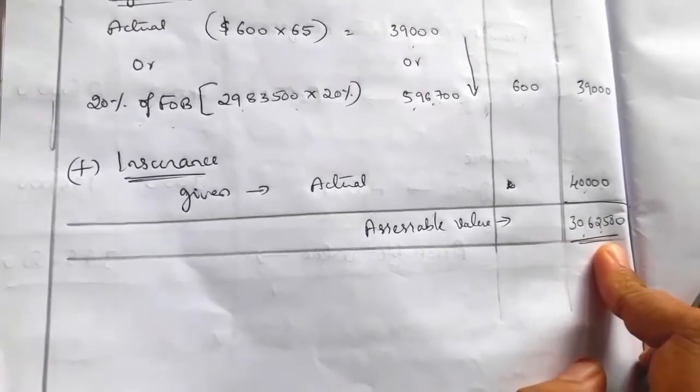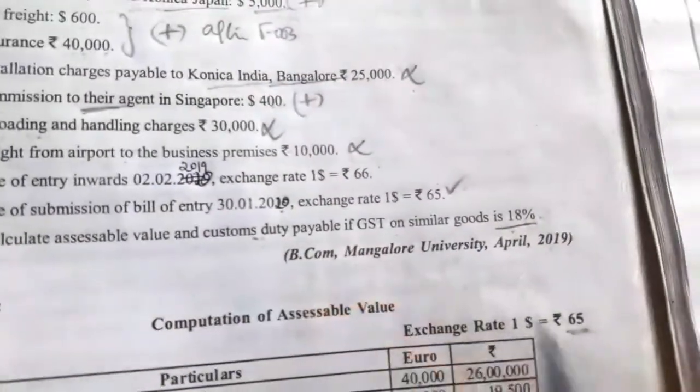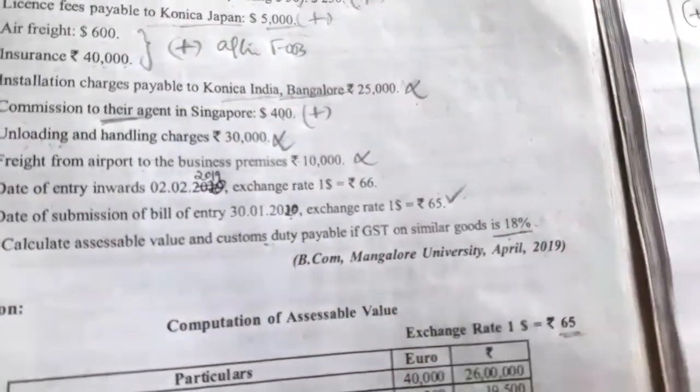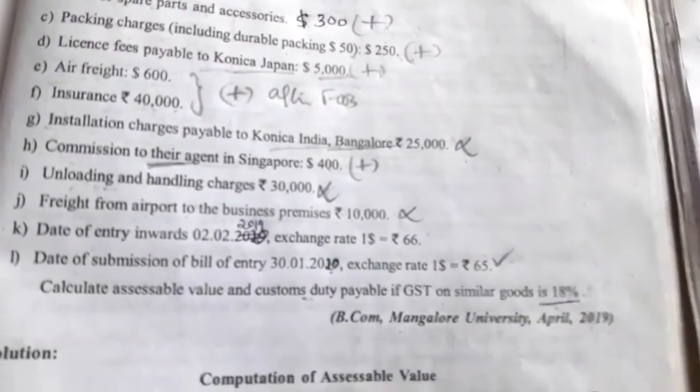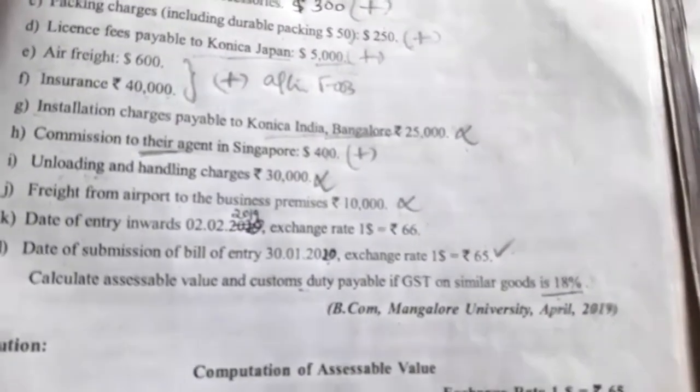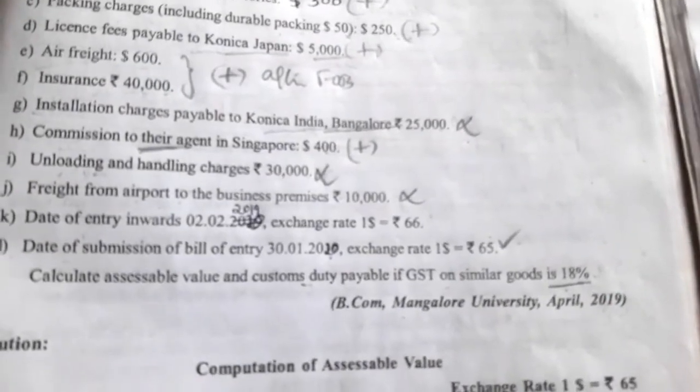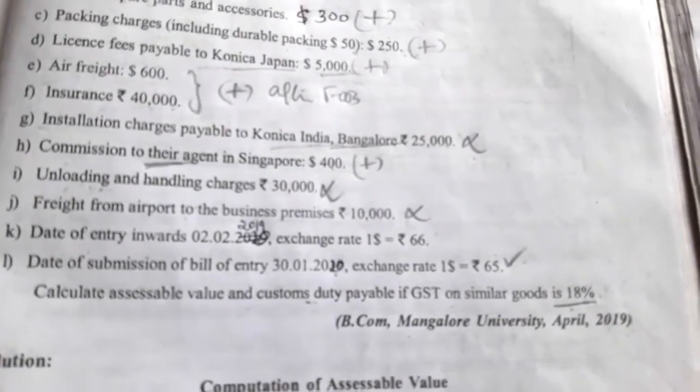So next we have to compute the customs duty payable. Calculate the customs duty by yourself. BCD we have to assume at 10%. Here in this illustration BCD is not given. Even if not given, for any import, basic custom duty the importer has to pay at 10%.